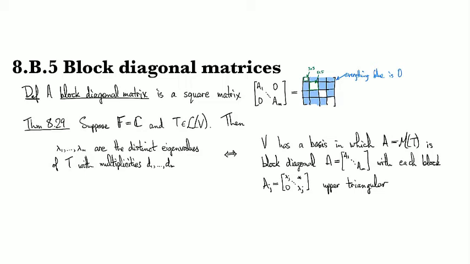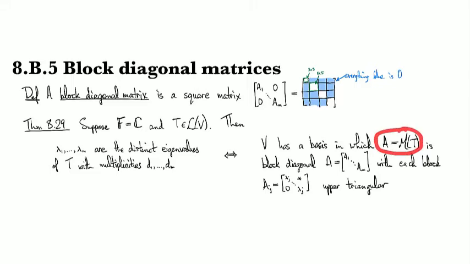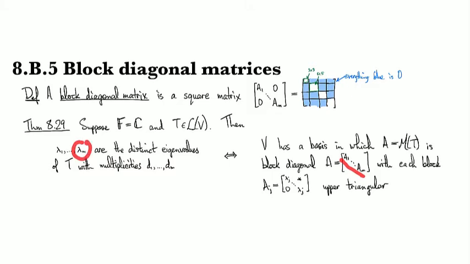So now theorem 8.29 says that if we're over a complex vector space, and lambda 1 through lambda m are the distinct eigenvalues with multiplicities d1 through dm, then V has a basis in which the matrix of A is block diagonal, and there are m blocks coming down, corresponding to the number of distinct eigenvalues.